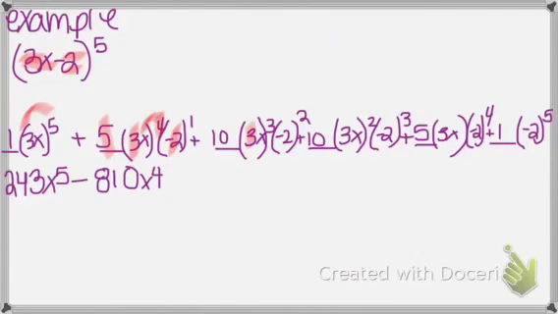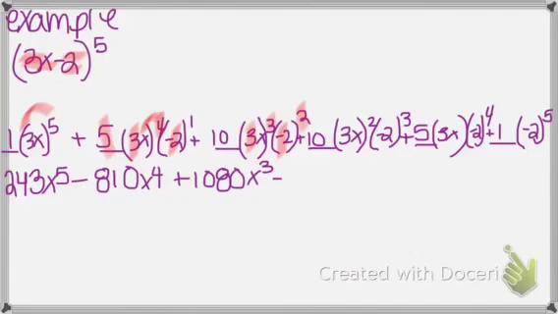Then I take x cubed, or 3 cubed times -2 squared. -2 squared is +4. So +4 times 27 times 10, we get 1080x cubed. Then I'm going to square 3, and I'm going to cube -2, which is -8.